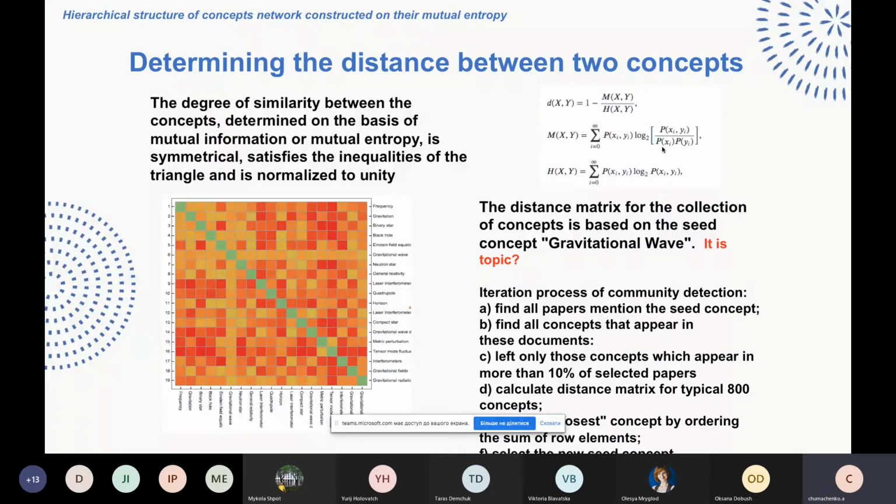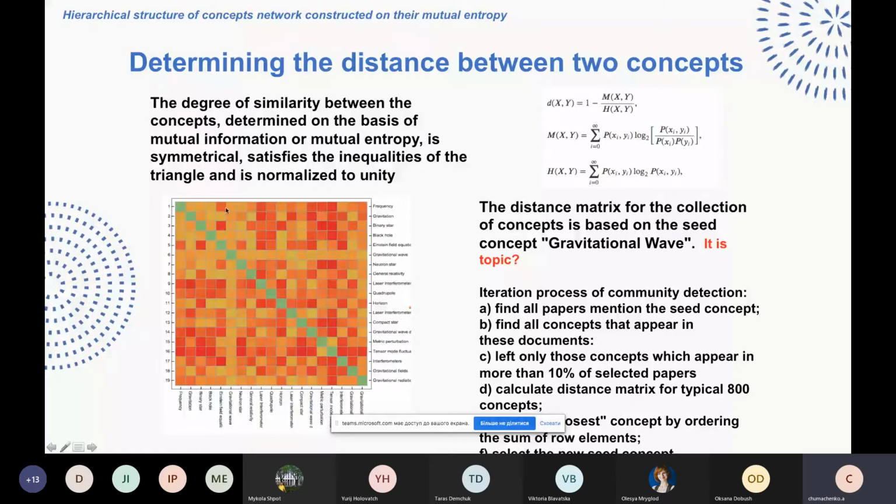Typically, we then have a distance matrix for 800 or 600 concepts. We analyze this matrix, and here we have an example of such a matrix for gravitational wave. Each matrix element reflects the distance between two different concepts.